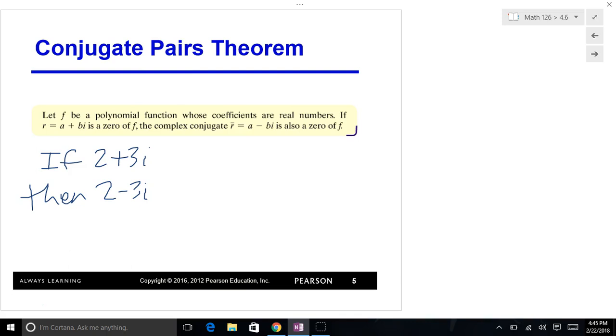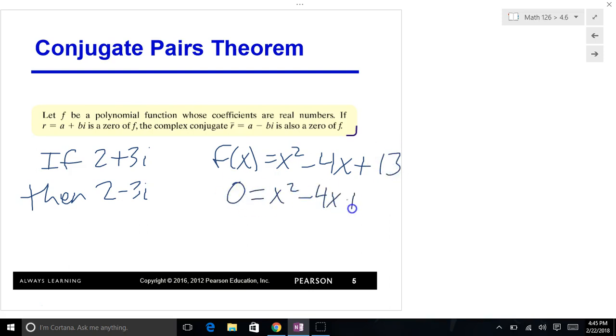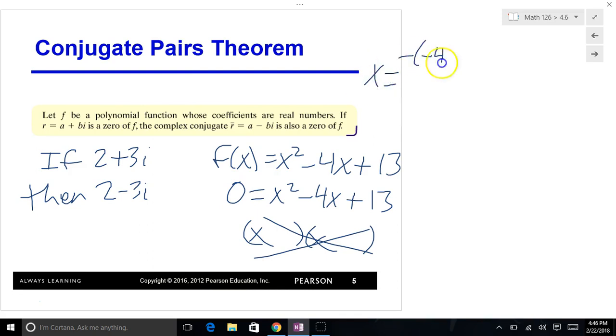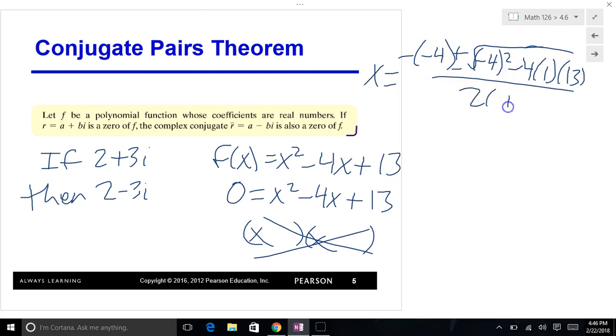For example, that function might be, let's say you had f of x equals x squared minus 4x plus 13, and you were finding its zeros. This thing doesn't factor, so we're going to have to throw it into the quadratic formula. x equals negative b plus or minus the square root of b squared minus 4ac, all over 2a.